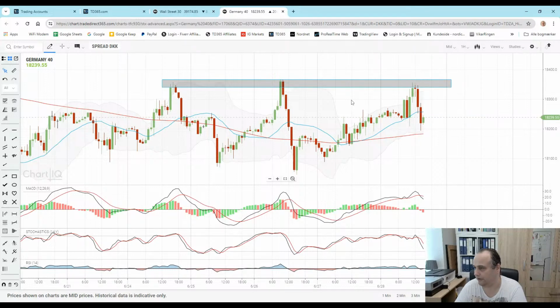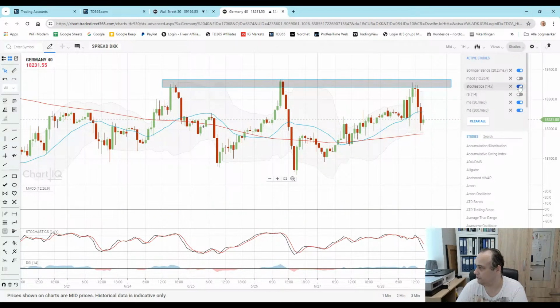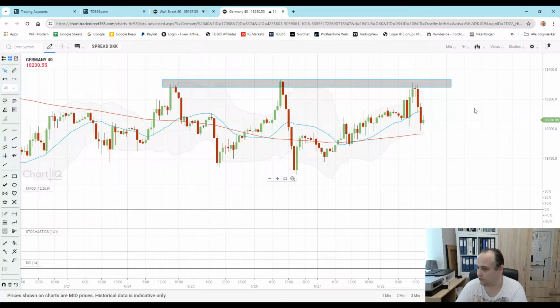My point here is that resistance and support are very good when it comes to trading, but they cannot always stand alone. That's why you need to look at the price action and what it is telling you. I have 3 indicators down here from an old setup, but I will just blind them off because they're not necessary to watch right now.